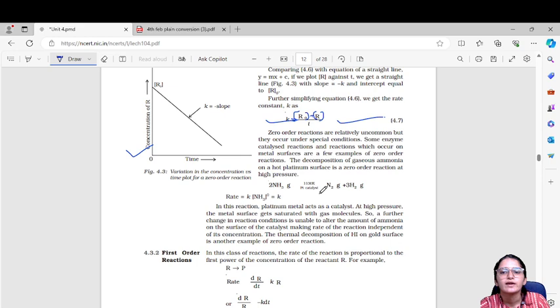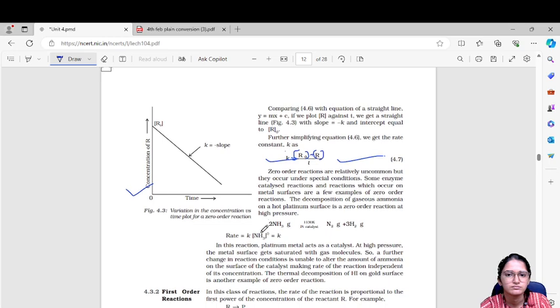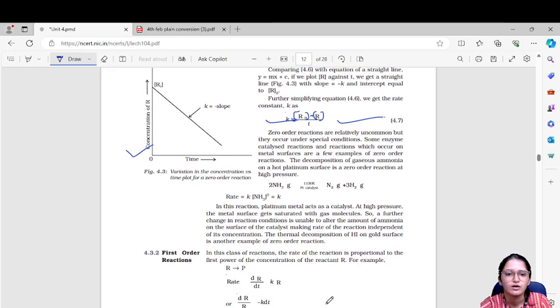Okay, zero order reactions are relatively uncommon but occur under special conditions. That means zero order reactions are rare, but whenever you apply some conditions, the reaction will take place. Okay, this is about zero order reaction. Then these are the examples, like the decomposition of ammonia.